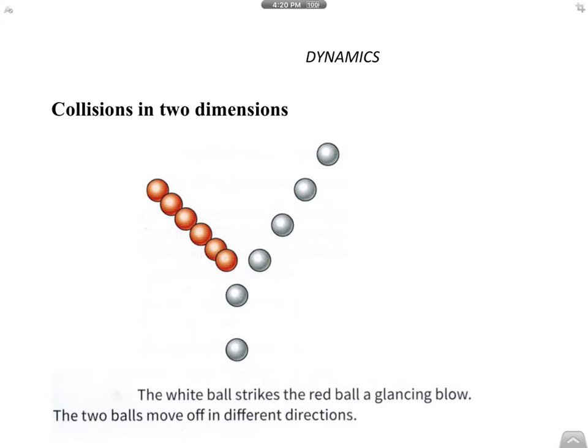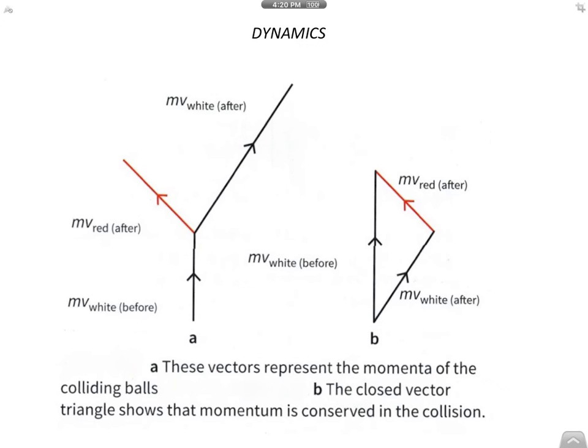So after collision, if I take the horizontal momentum of the white ball and the horizontal momentum of the red ball, can you see they are in opposite directions? So if I sum them up together, they must give me 0 because the initial was 0. If you look at the diagram here, the arrow just represents the momentum.